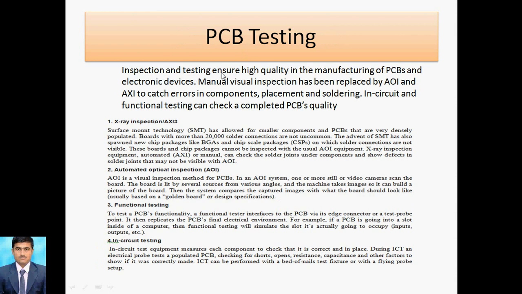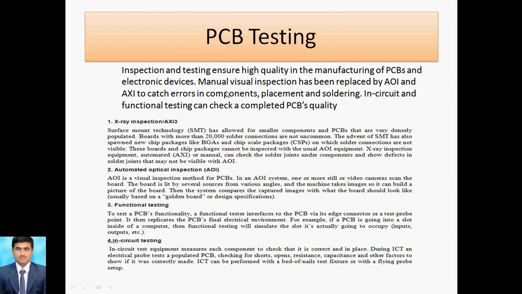Inspection and testing ensure high quality in the manufacturing of PCBs and electronic devices. Then manual visual inspection has been replaced by AOI, that is automated optical inspection, and AXI to catch the errors in components. AXI is nothing but X-ray inspection.